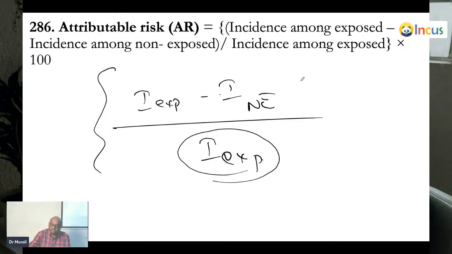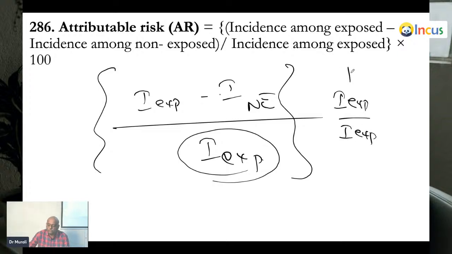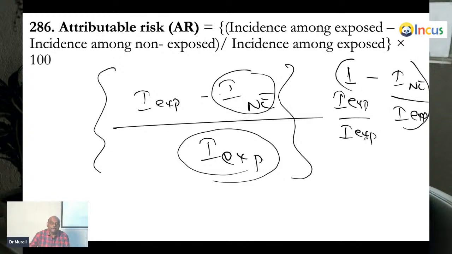You simplify this equation: incidence among exposed by incidence among exposed, which is equal to 1, minus incidence among non-exposed divided by incidence among exposed. This is the other kind of equation. So that is the reason this is also called risk difference.